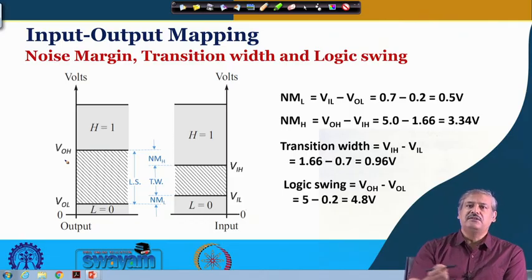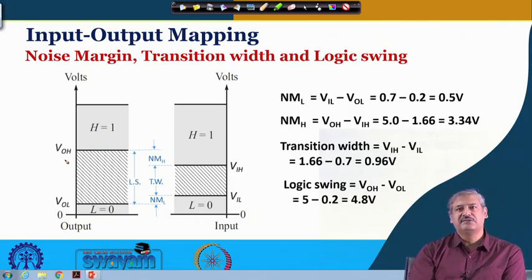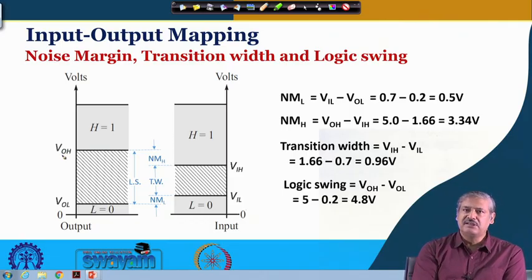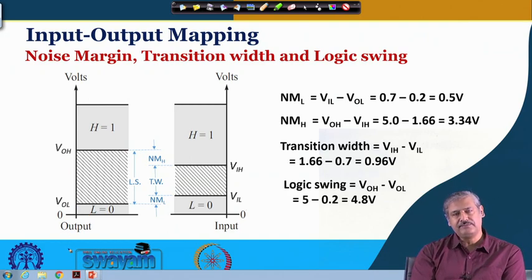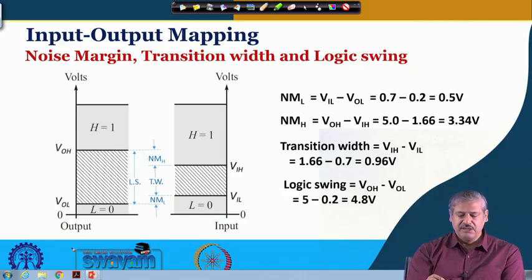Any voltage above that will be treated as logic high. So, it was 5 volt there, and any voltage more than that 5 volt will be treated as logic high without any ambiguity. Clear? And then the logic swing is defined as the difference between VOH and VOL.